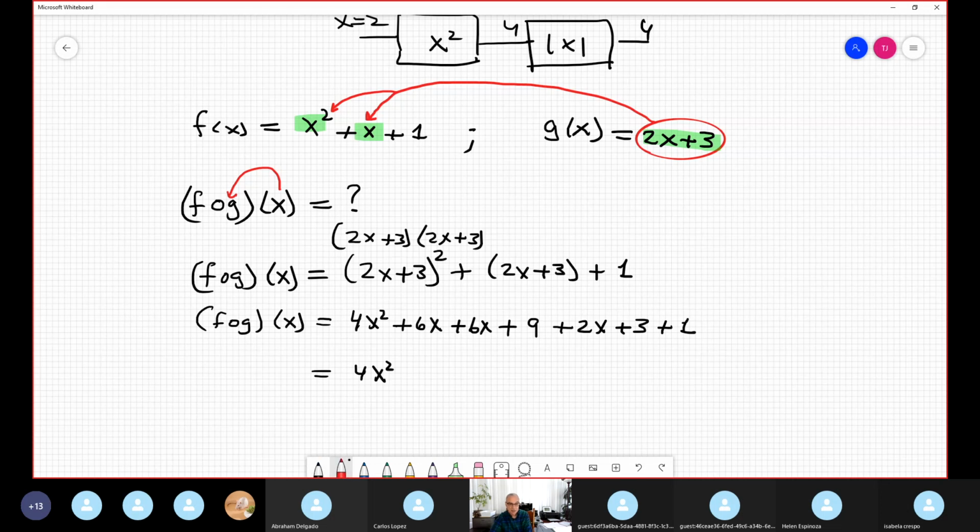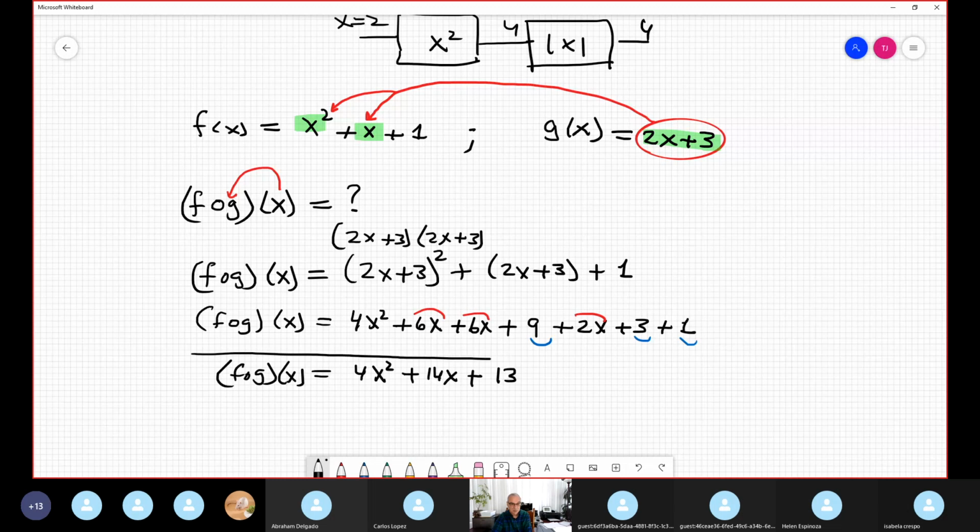Now, who is like this, and this? This is 12, 14x plus 13, no? Because 9, 12, 13. Okay. And this is the expression that represents F composition G of X in this order.